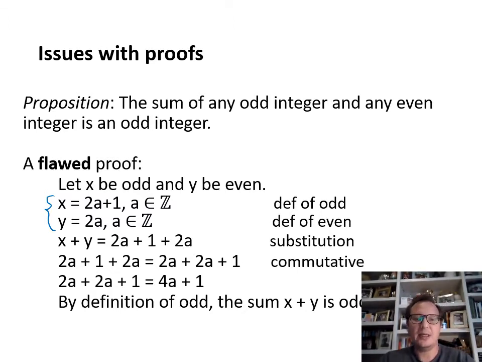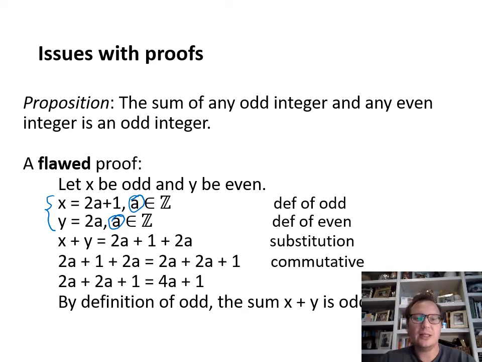And if you were paying attention to the first proof that I did, you might be able to notice that the creator of this proof made a big mistake here. In particular, they did not introduce a fresh variable for x and y to serve as an integer. Instead, they reuse a variable.